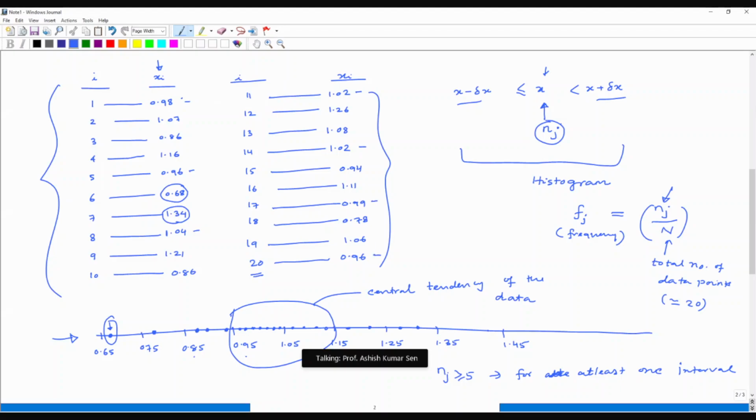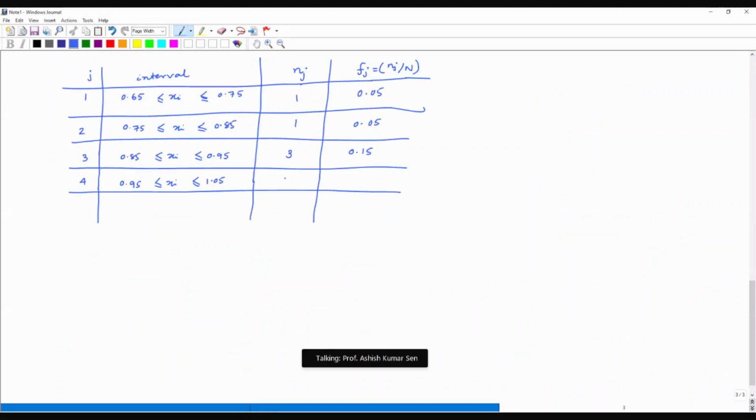So you have 7 between 0.95 and 1.05, and 7 by 20 is 0.35. Similarly, for 1.05 less than or equal to xi less than or equal to 1.15, if you look at your data, you will have 4, so 4 by 20.